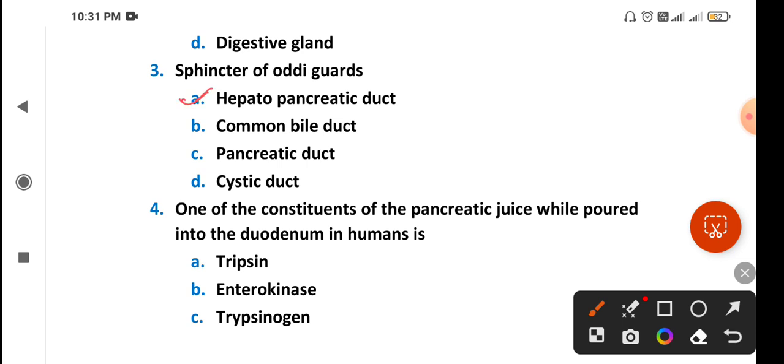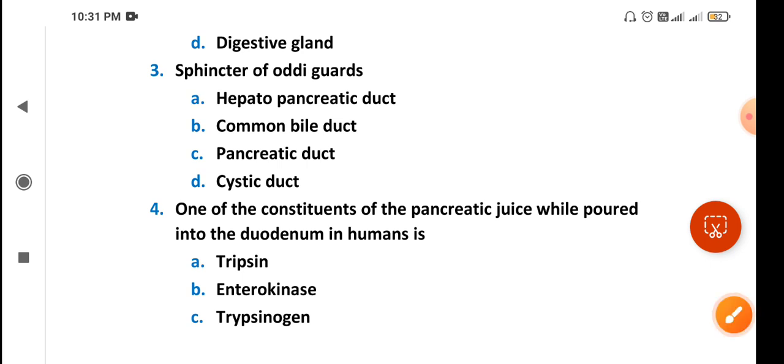But you must be aware of all these ducts, like what is the hepatopancreatic duct. It is the common duct which pours the secretion of the liver and pancreas into the duodenum. This hepatopancreatic duct opens into the duodenum, and the sphincter of Oddi is present at the opening of the hepatopancreatic duct. And what is the common bile duct?